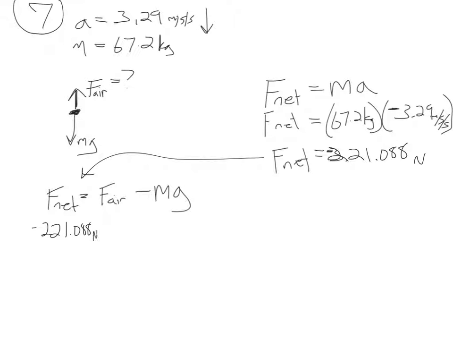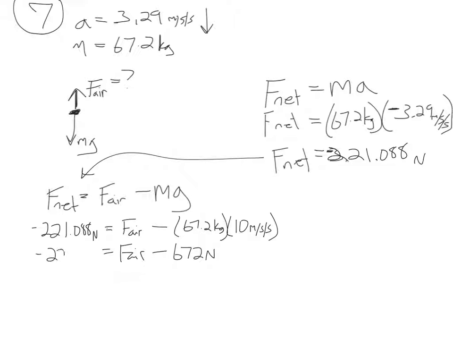221.088 newtons is equal to the air resistance that's pulling him upward minus our mass, 67.2 kilograms, times acceleration due to gravity, 10 meters per second squared. Alright, and now we have air resistance minus his weight, 672 newtons. That's pulling downwards. 221.088 over here on the left.